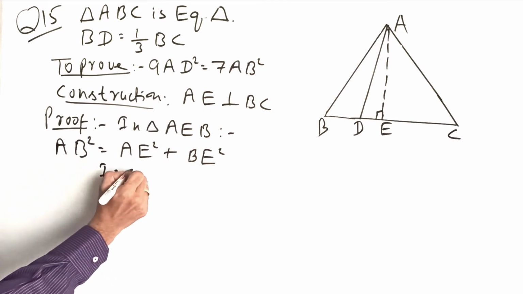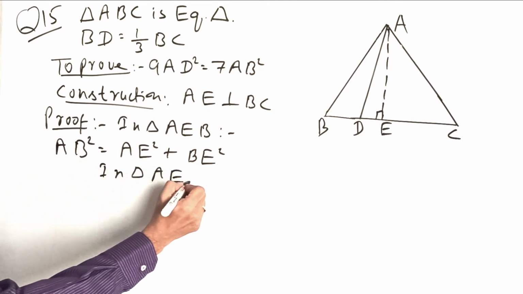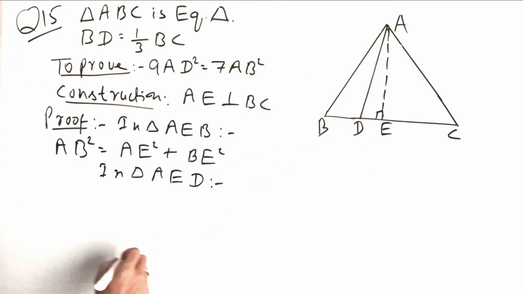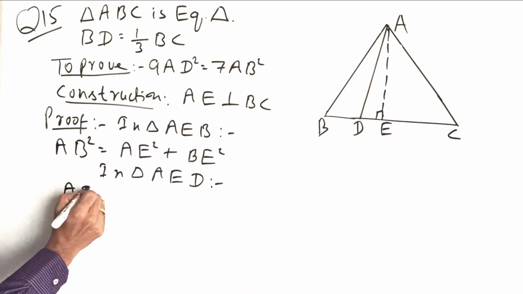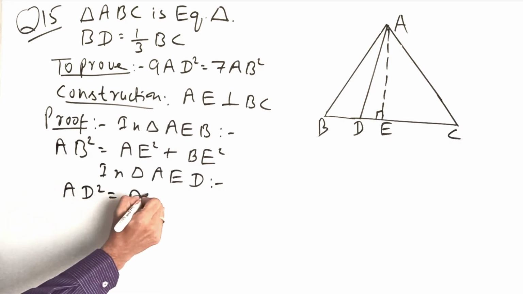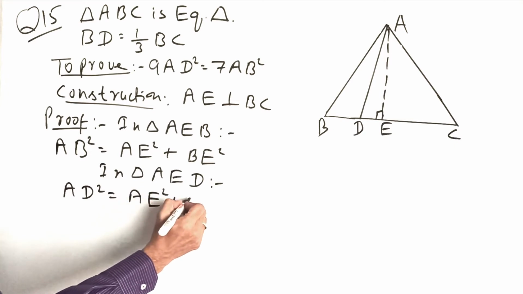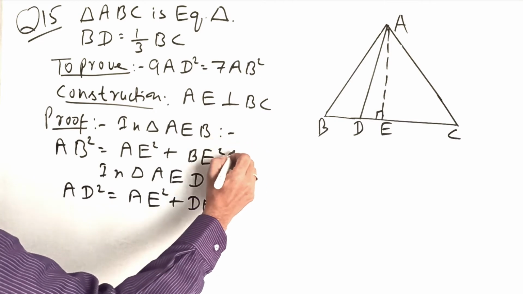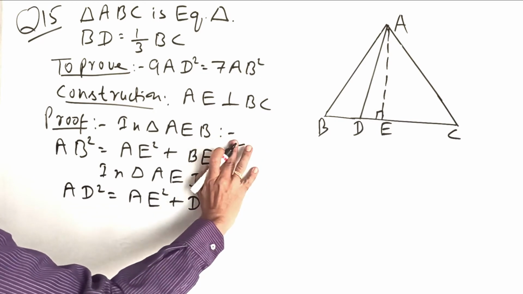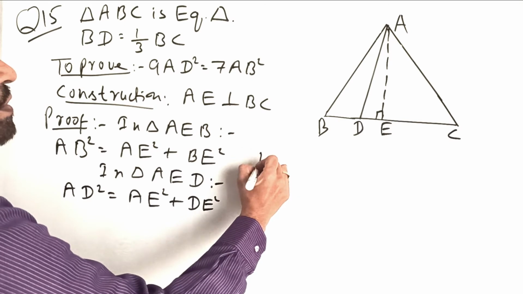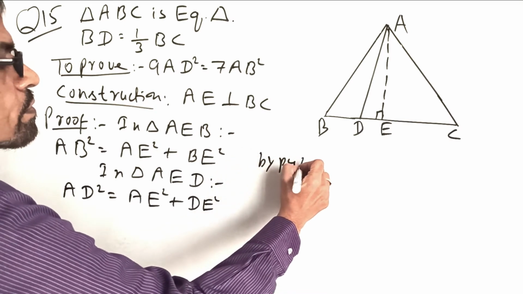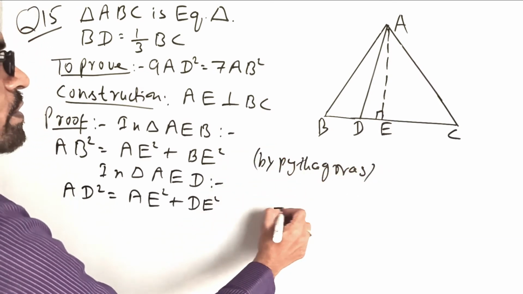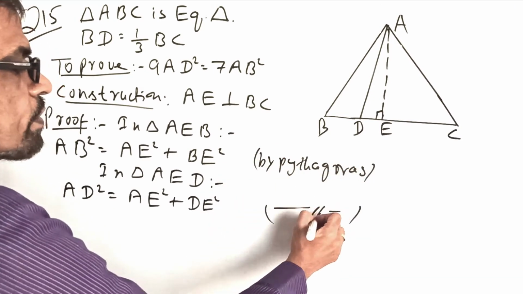Now in triangle AED we can apply the Pythagoras theorem. AD square is equal to AE square plus DE square. We can write the reason, by Pythagoras, here also by Pythagoras.